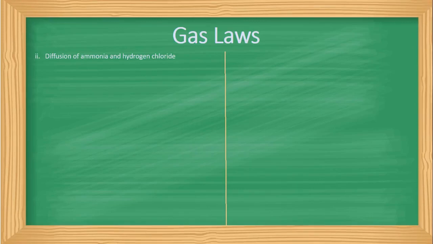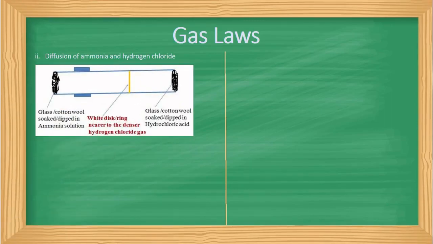We compare the two using an experiment here, where we are placing a cotton wool soaked in ammonia at one end of a glass tube, and another cotton wool soaked in hydrochloric acid in the other end of the glass tube, and then we leave the gas to move inside the tube from both ends.